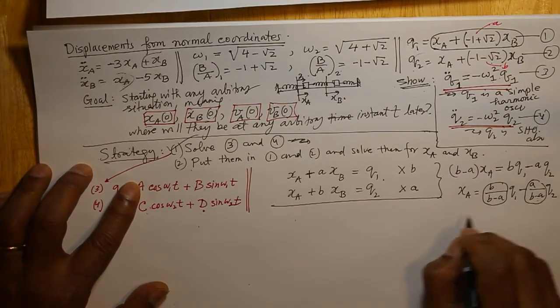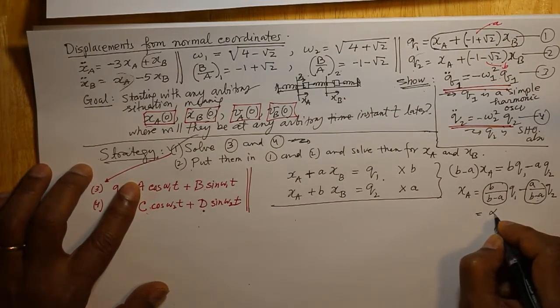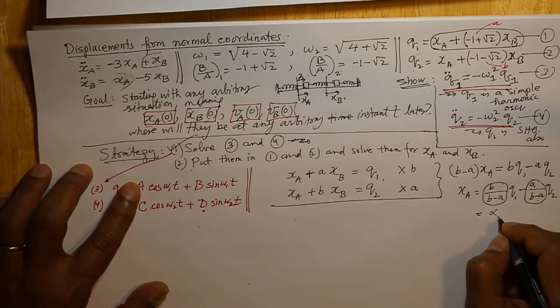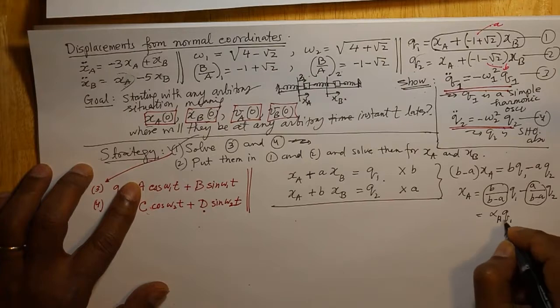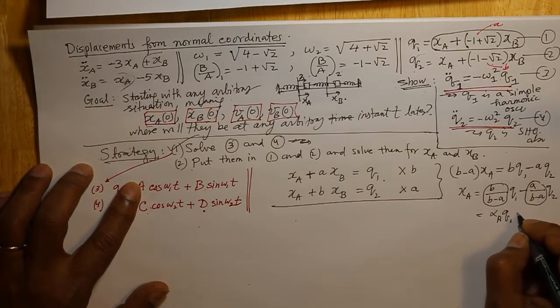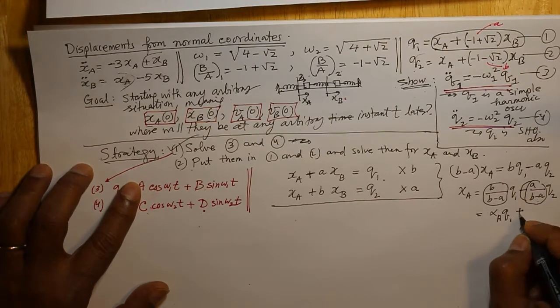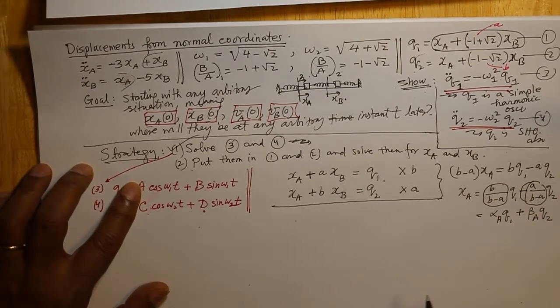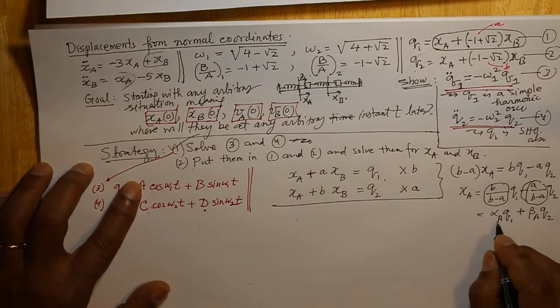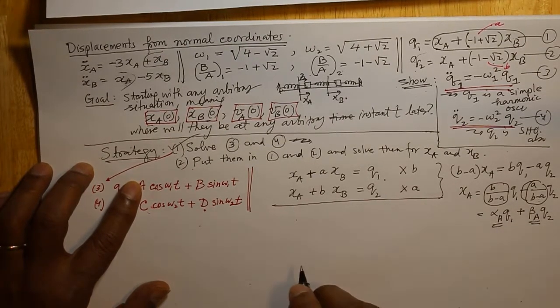So this is alpha_a q1, include the minus in there, plus beta_a q2. So alpha_a and beta_a are known.